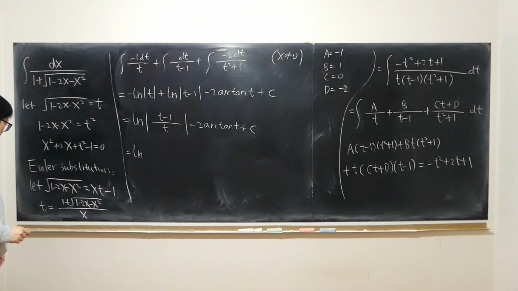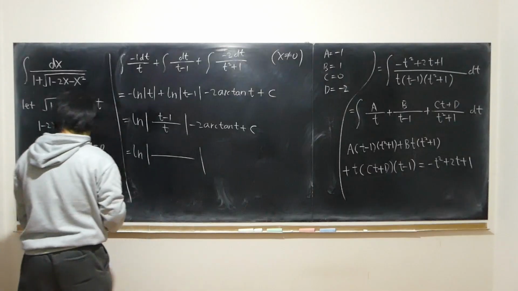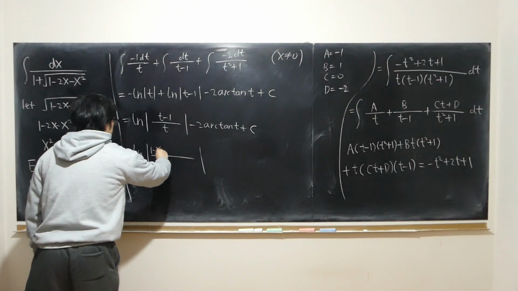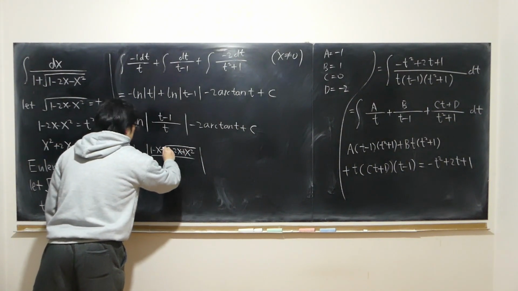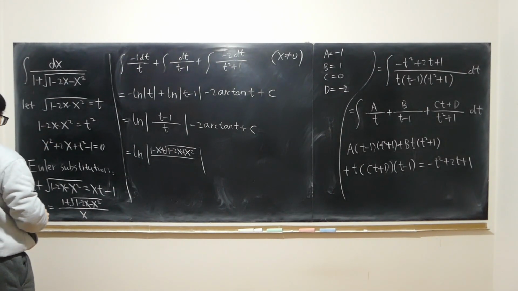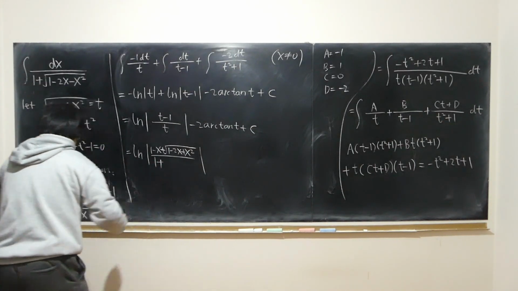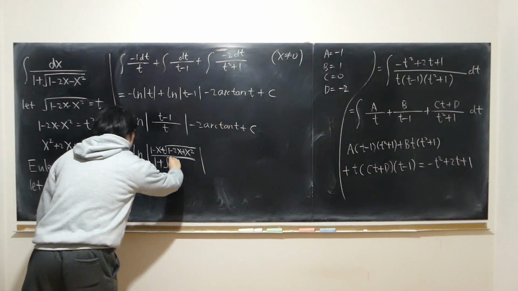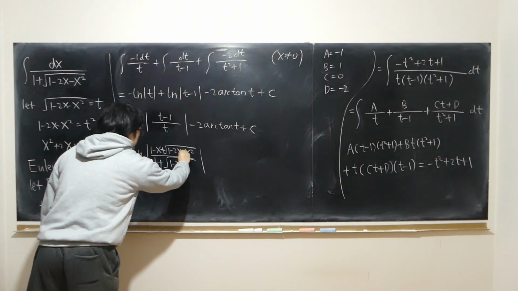Right, t minus 1, top will become 1 minus x plus the square root. The bottom will become, like I said, just flip this one, so this will sit at bottom. Here minus, not plus, minus.